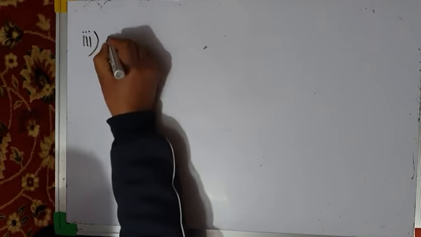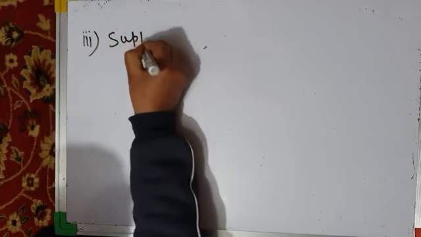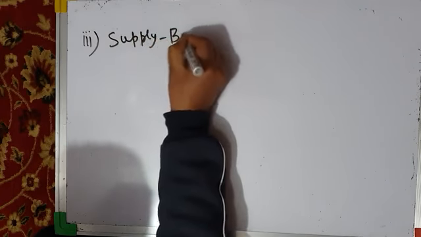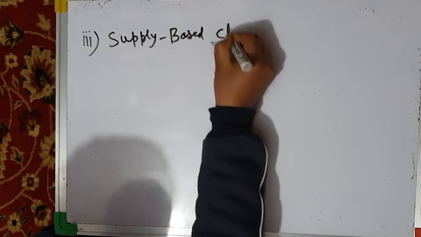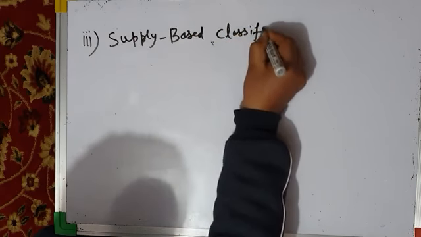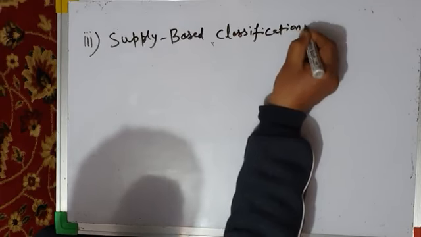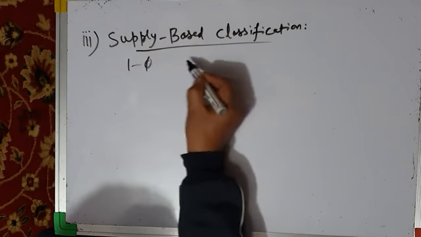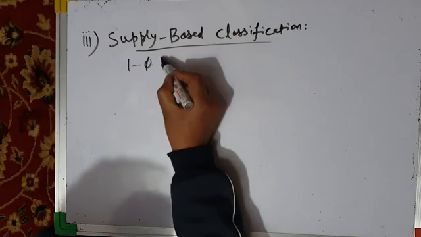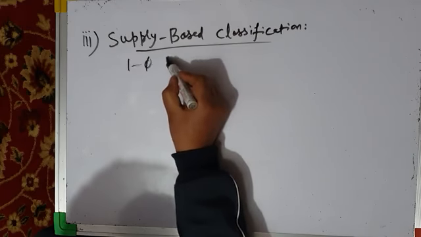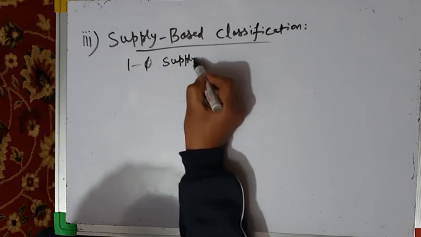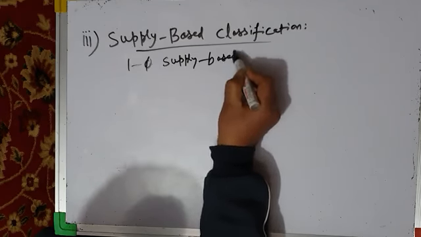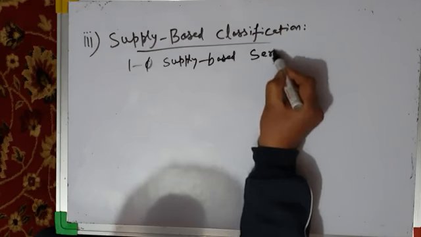The third type of classification is supply based classification. In supply based classification, we have the single phase supply based series active power filter.